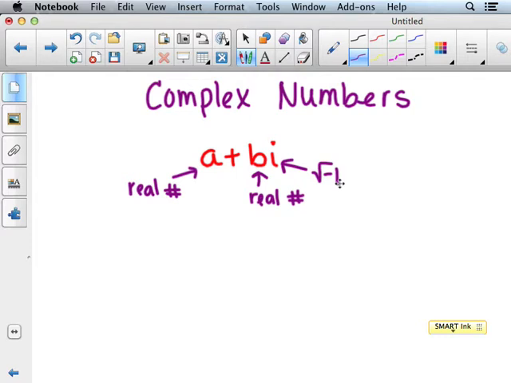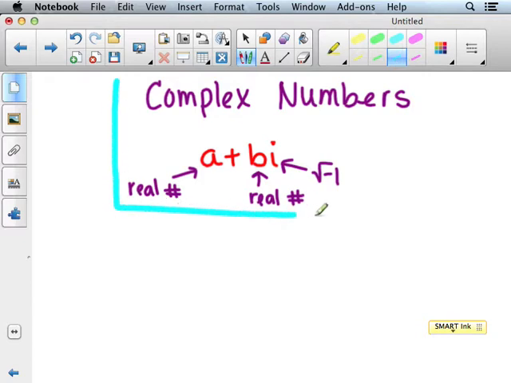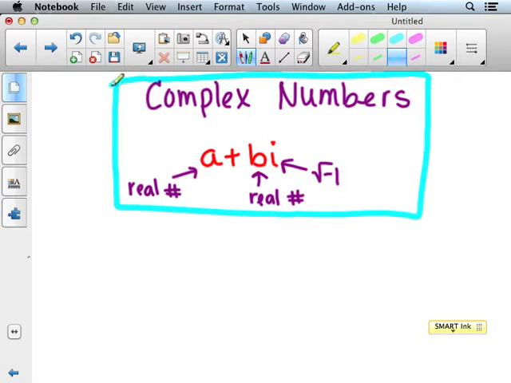Now, complex numbers are kind of an umbrella for other sets of numbers that we've already talked about. So I'm going to put this in a box here. These are our complex numbers, a plus bi.